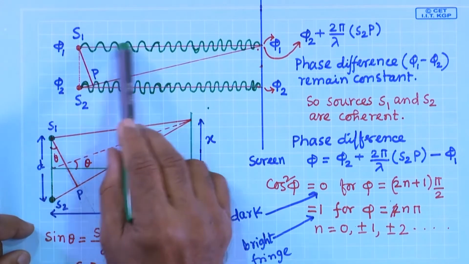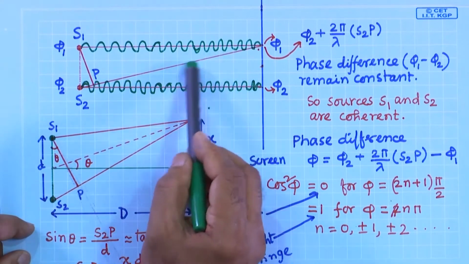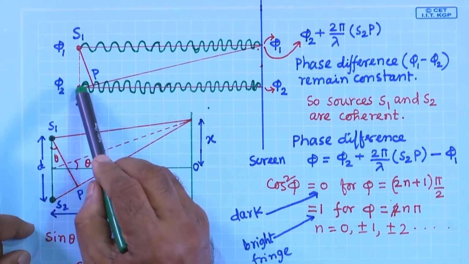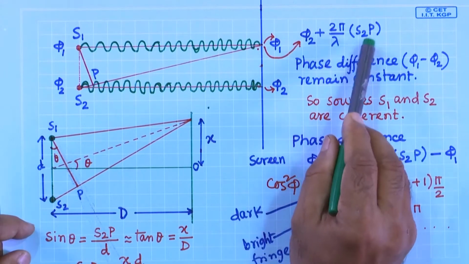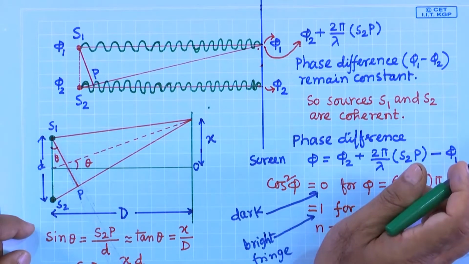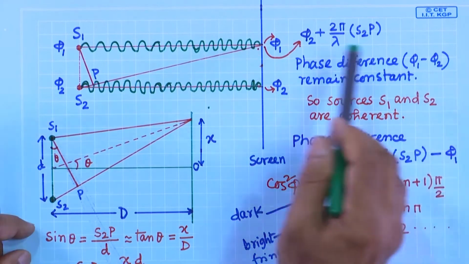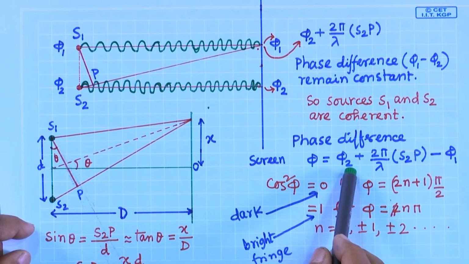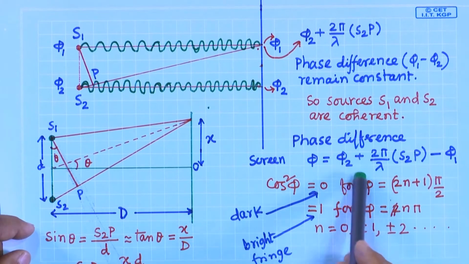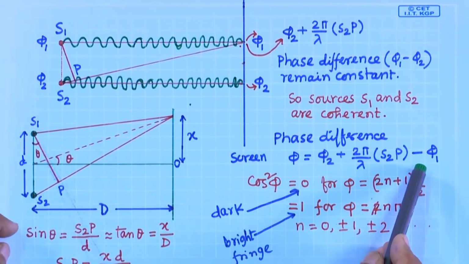This is the normal. On this side the paths are the same; the additional path travelled by this wave is S2 to P. The corresponding phase difference is 2 pi by lambda times S2P. So this phase difference phi is phi2 plus 2 pi by lambda S2P minus phi1.